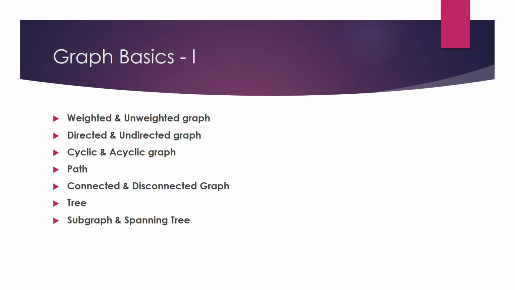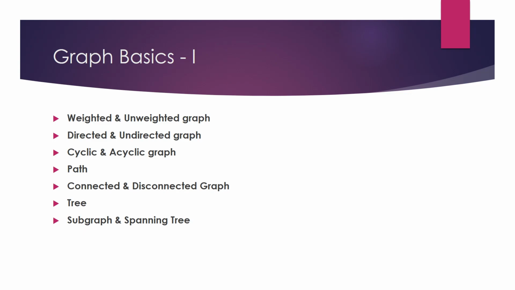So we will discuss today about different types of graphs. We'll see what a weighted graph is, what an unweighted graph is, what a directed graph and what an undirected graph is, cyclic and acyclic properties of a graph. Then we'll see what a path is in a graph.